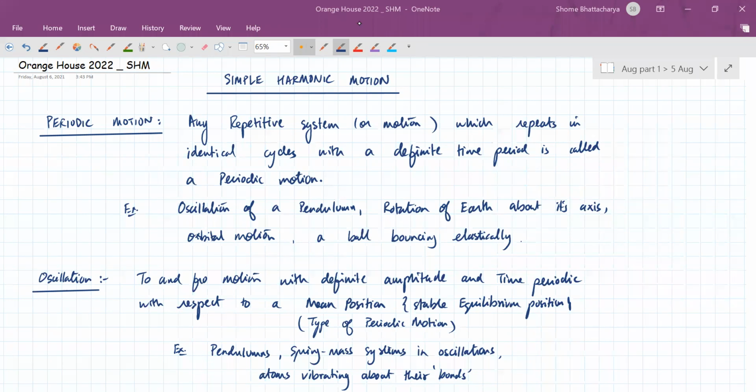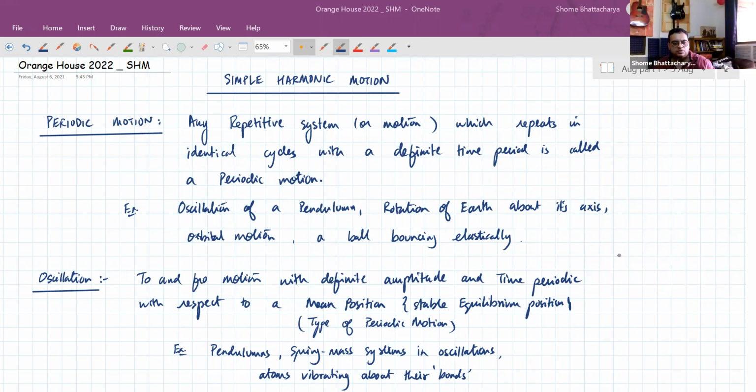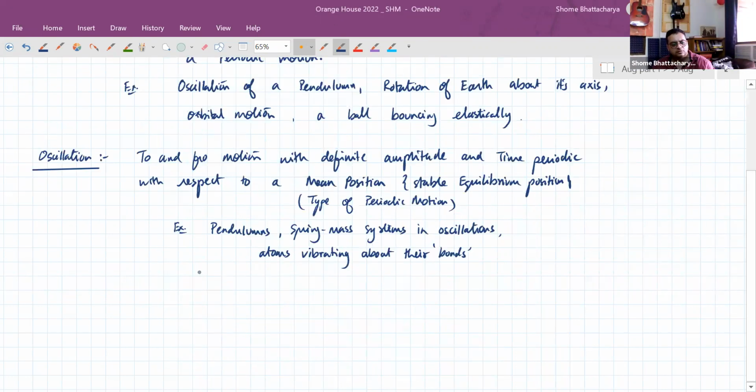Okay, so next up, let's understand the special case of simple harmonic motion. But before that, what about any system that oscillates?